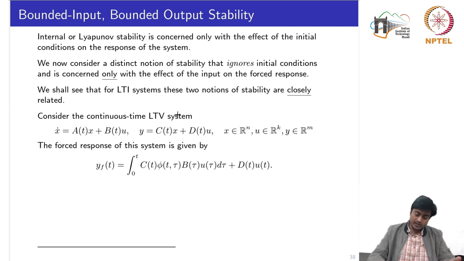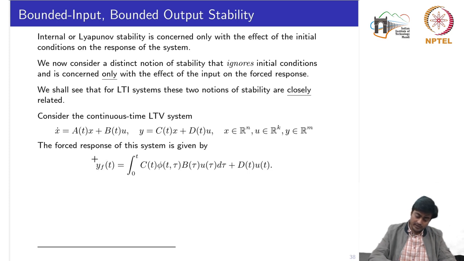So we'll start with the continuous time linear time varying systems, where all these matrices A, B, C, D are time varying matrices. We had discussed in the first week that the forced response of the system is given by this equation.